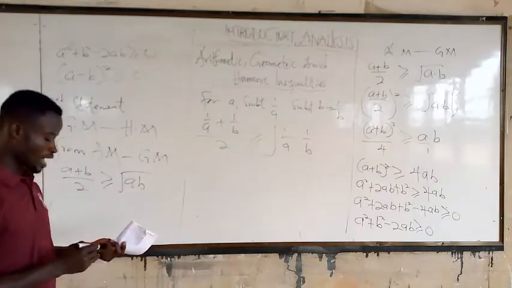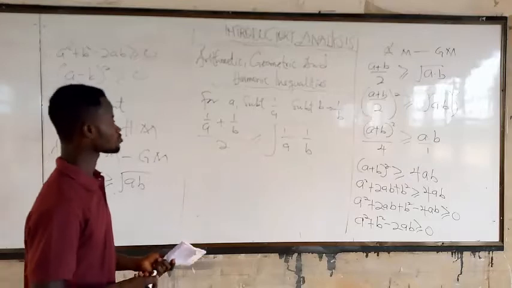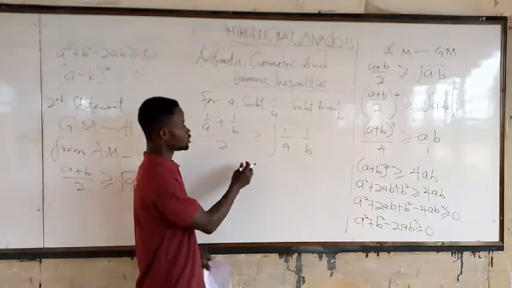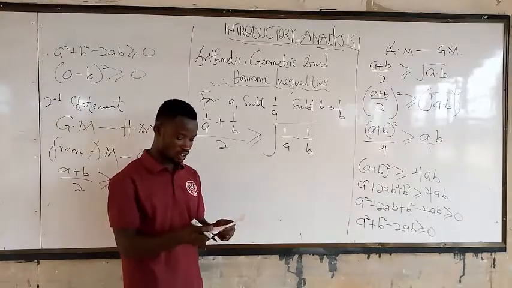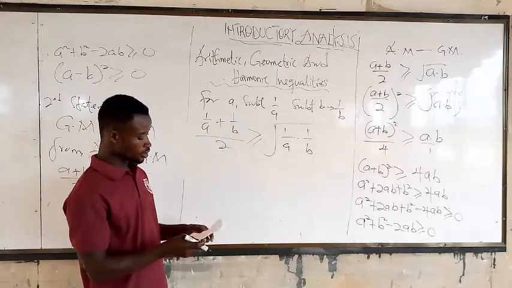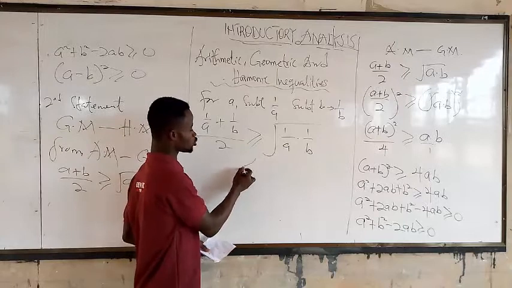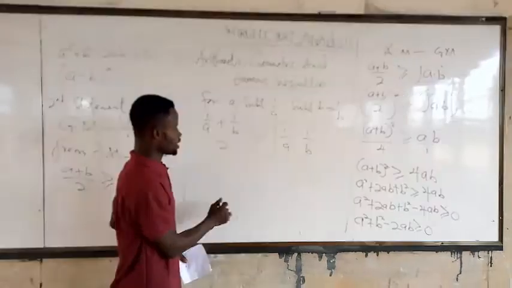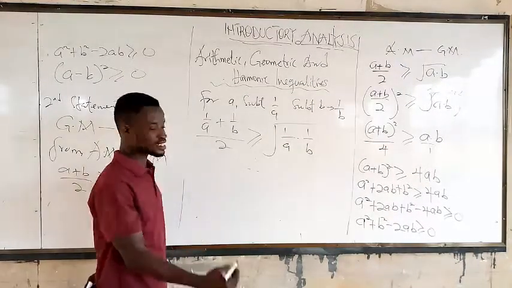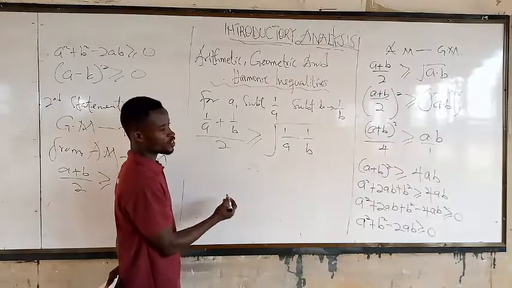We are going to apply our algebra here. Is it greater than or equal to? If this sign is greater than or equal to, and we change it, we are saying that this is an inequality sign.